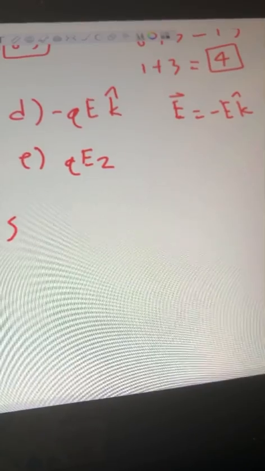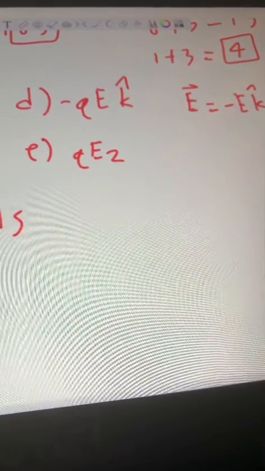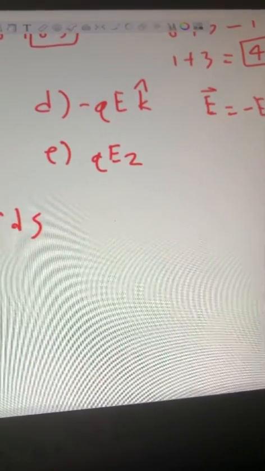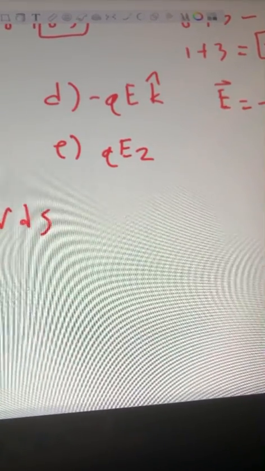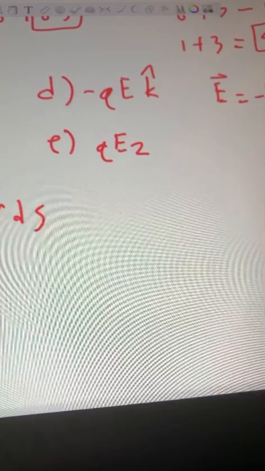So part F asks us, in what direction does the charged particle accelerate when released with upward initial velocity? Since the particle is charged, it would have to be either upwards or downwards, depending on the charge, because the charge is the main factor in determining what direction it will go.